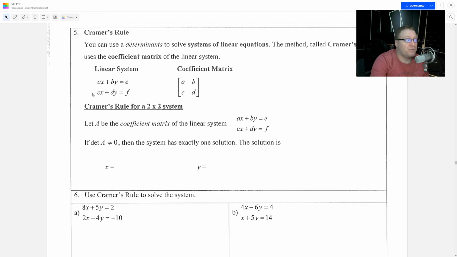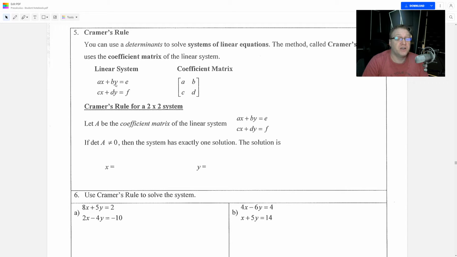Now, if we have a linear system of equations like this and we want to know what x and y are, you have probably already learned ways to solve this using basic algebra. You can solve for y in terms of x and then substitute it in. What we're going to learn is a way to do this using determinants of matrices.